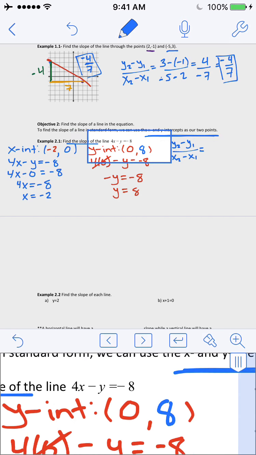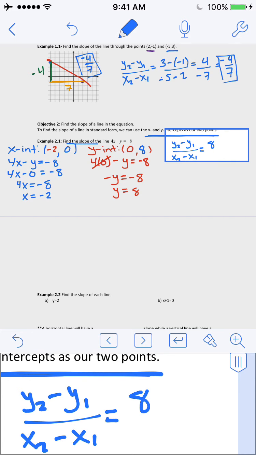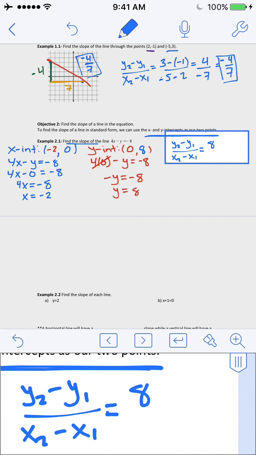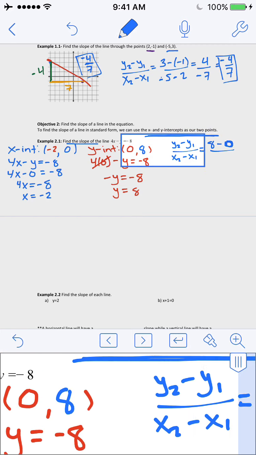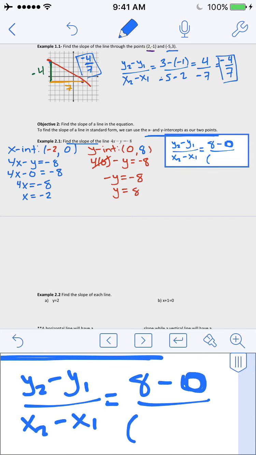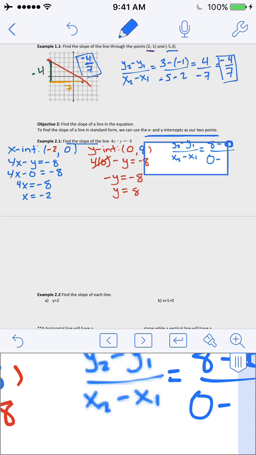So our second y would be 8, and our first y would be 0. Also, again, using the y-intercept and the x-intercept gives us zeros, and that makes our computations pretty straightforward, right? 8 minus 0, that's really nice. Over our x's: second x is 0, minus our first x of -2.